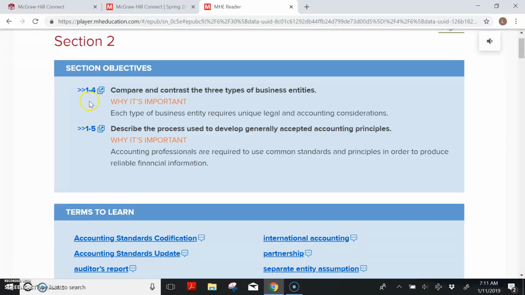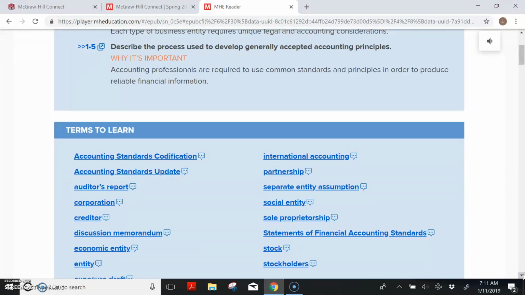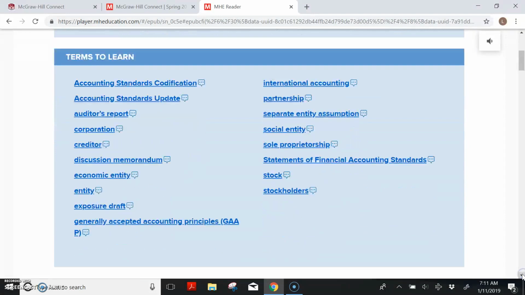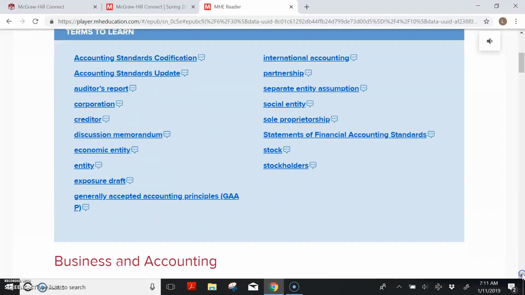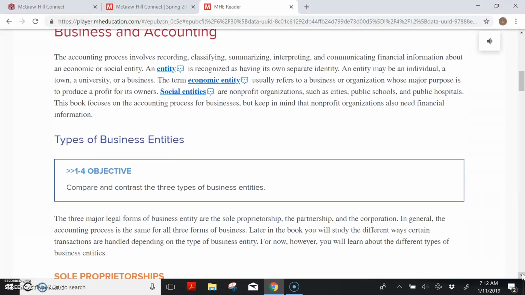You will find Section 2 starting on page 9 of the chapter. Note the terms to learn. In this section, I want you to pay particular attention to the 3 types of business entities presented in the section.